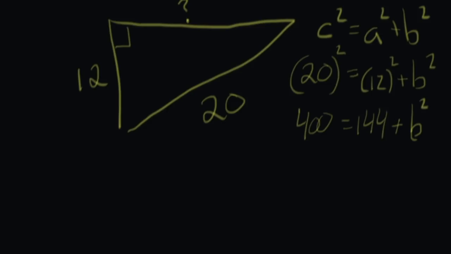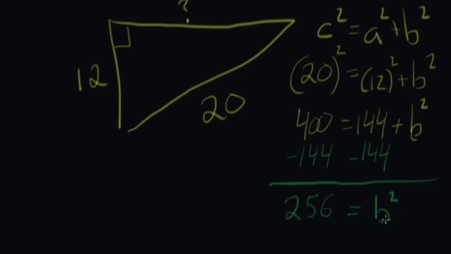So I'm going to subtract 144 from both sides. And that is going to leave me with B squared is equal to, gosh, it has been a long day, what's that going to be? I think 256.